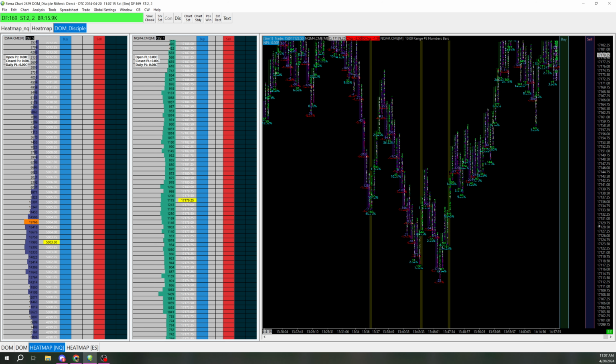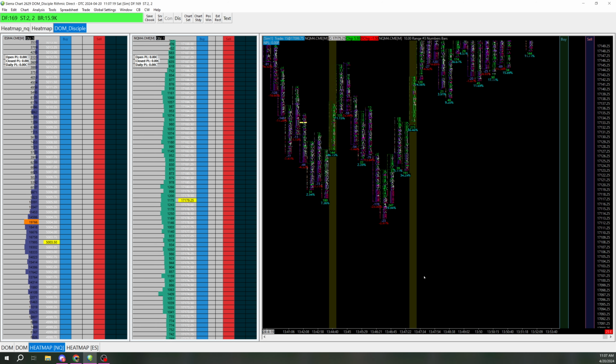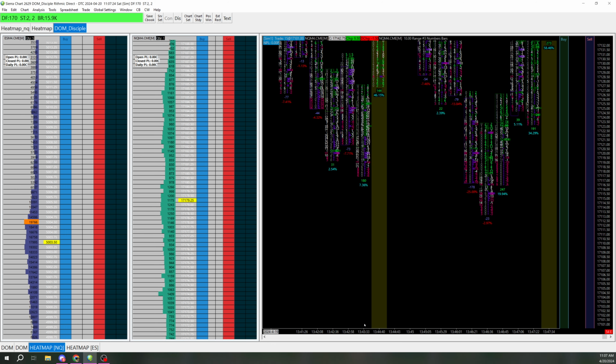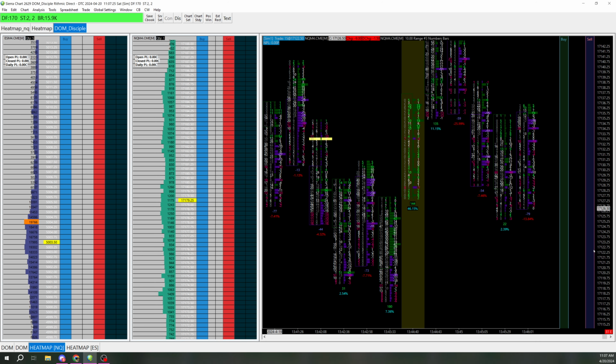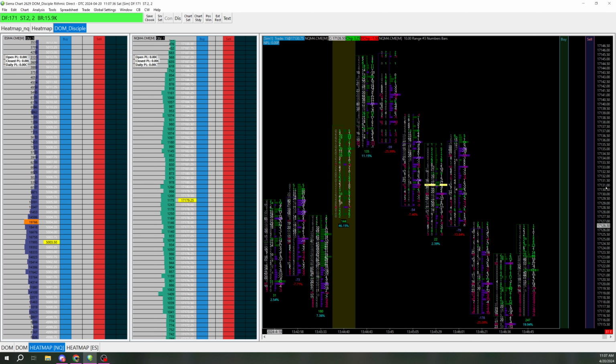What I saw here, we took out the previous lows, and on the footprint we can see we have some exhaustion. Right when we blipped down here, we immediately got shoved back up, and we have a candle right here where almost the majority of the candle was all buy volume, as you can see here.